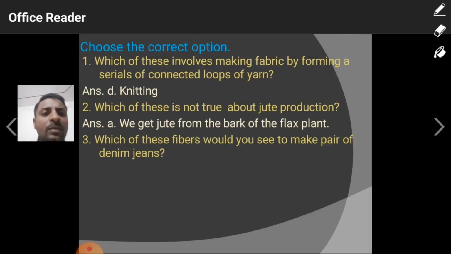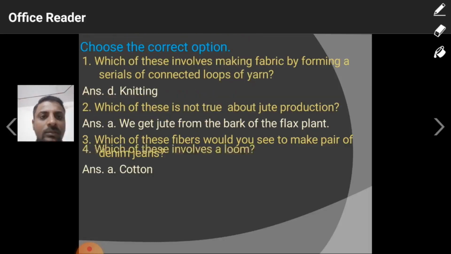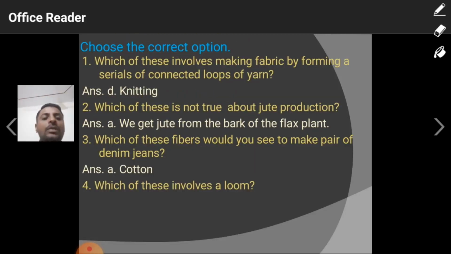Which of these fibers would you use to make a pair of denim jeans? The correct answer is A, cotton. Which of these involves a loom? C, weaving.